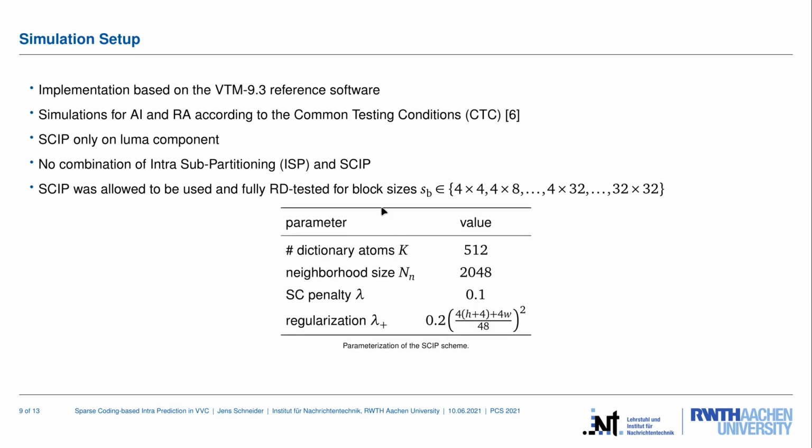The table below shows the parameterization of the SCIP scheme. The number of dictionary atoms was chosen to be 512, and the neighborhood size for the anchored neighborhood regression was chosen to be 2048. The sparse coding penalty lambda was set to 0.1, and the regularization lambda plus for calculating the projection matrices was chosen according to the block size in order to prevent the matrix inversion from becoming infeasible due to a singular matrix.